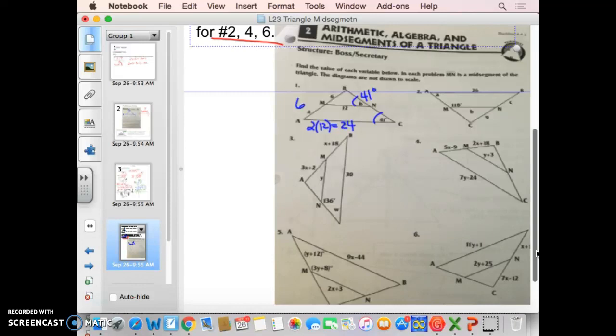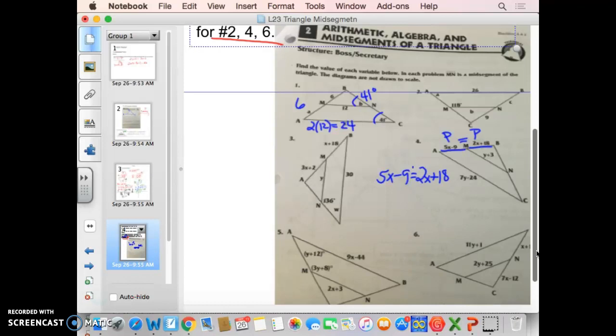Please remember that for number 4, if you're looking at this side and this side, what you know about those two segments is that they are equal to each other. So when you're setting this up into an equation, you would have part equals part to find out what x is. So you would do something like 5x minus 9 equals 2x plus 18.